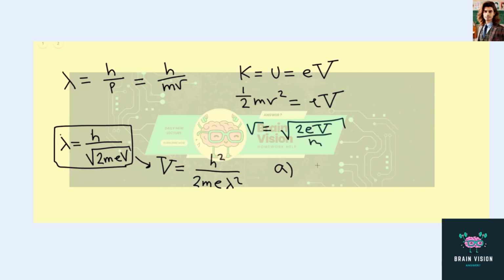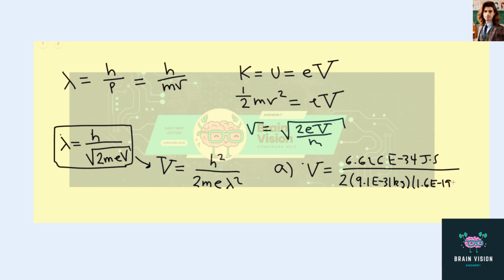For part A, we would have V equals 6.626 times 10 to the negative 34 joule seconds, squared, over 2 times the mass of an electron, 9.11 times 10 to the negative 31 kilograms, times the electron charge, 1.6 times 10 to the negative 19 coulombs, and of course our lambda of 0.06 nanometers, so this is 0.06 e negative 9, squared.